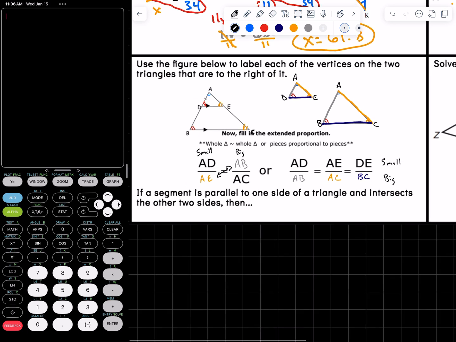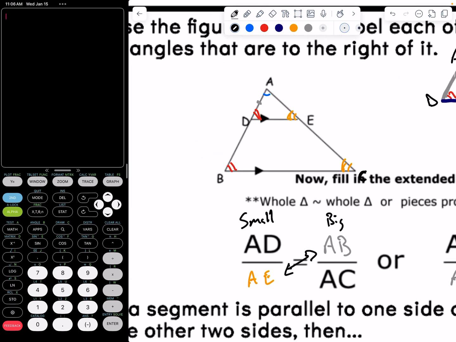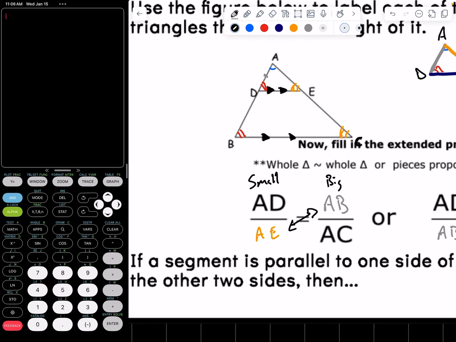But ultimately, what we're looking to do is saying that in this particular case, and this works because we have parallel lines here, because DE and BC are parallel.